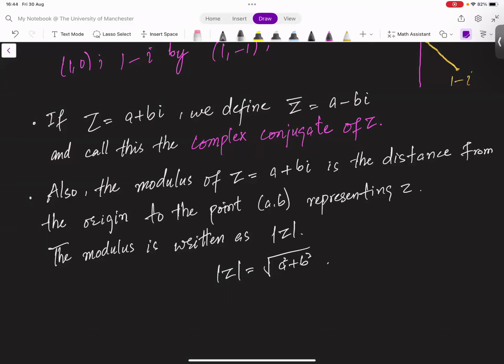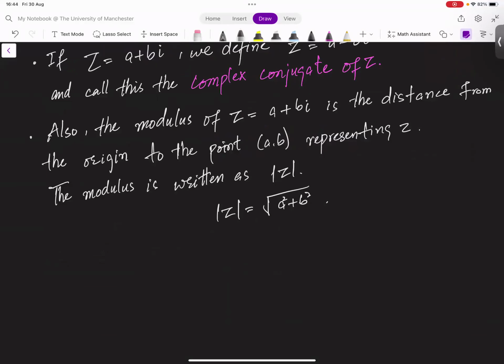Now notice that the product of z and its complex conjugate is nothing but a plus b iota into a minus b iota, and that is a square plus b square, and that is the modulus of z square.